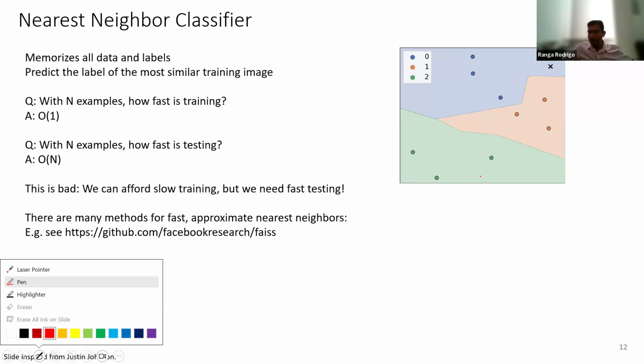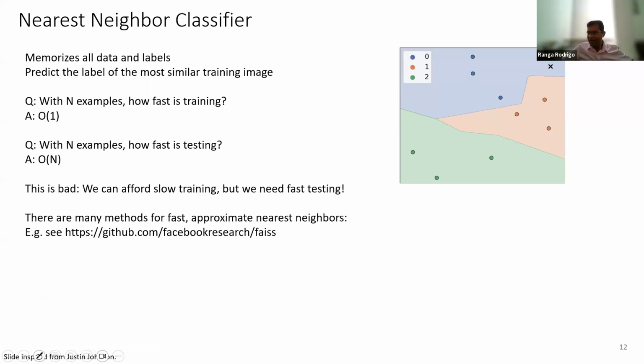Is there anyone who would want to suggest some method? Maybe you can type or we can turn on the mic and say, how do you find the label of the cross here?